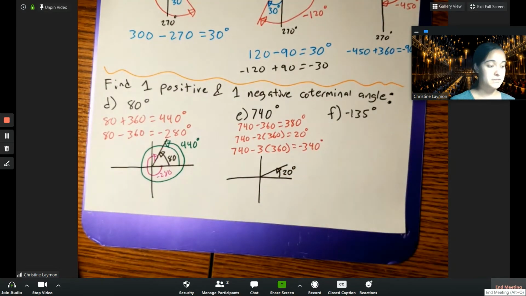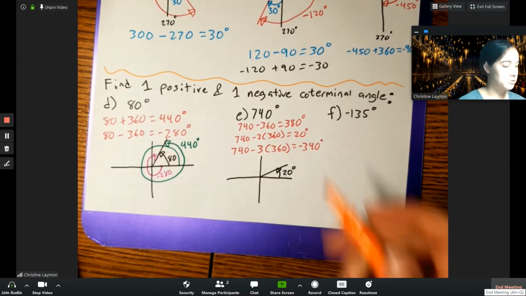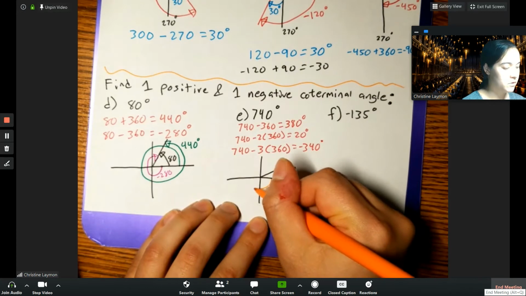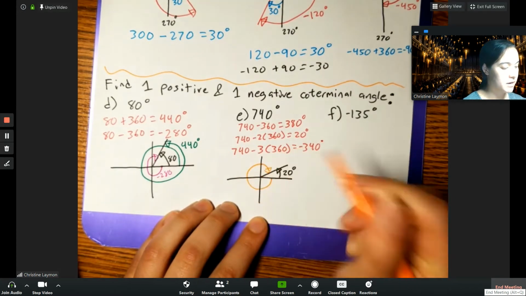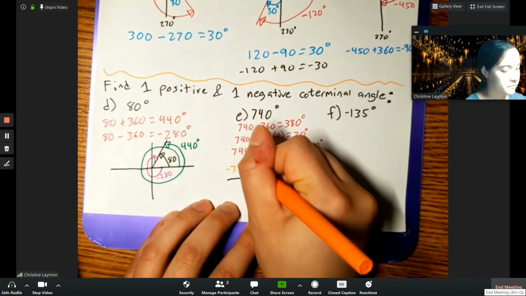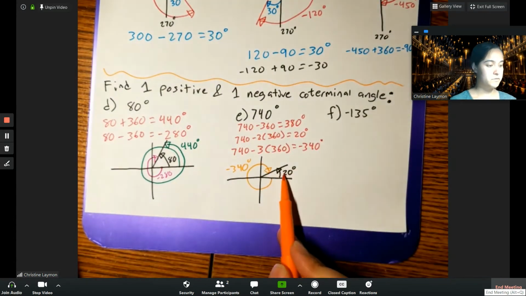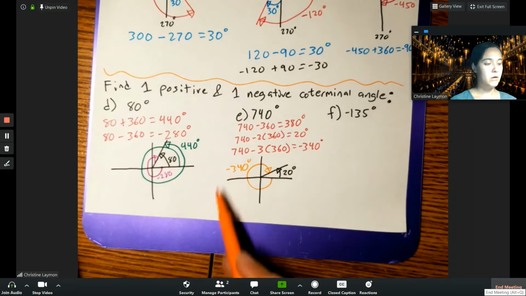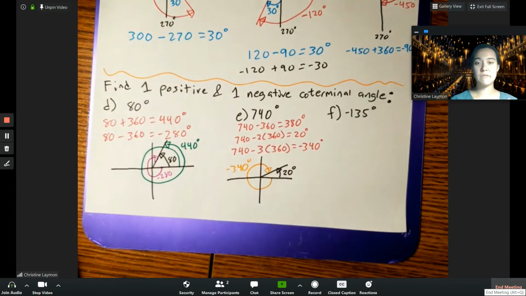So that was the positive version. For my negative version, let's look at this one here. I'm going to spin all the way around to right there, and that is my negative 340 degrees. So positive version, negative version, all talking about the same angle, 740 degrees.